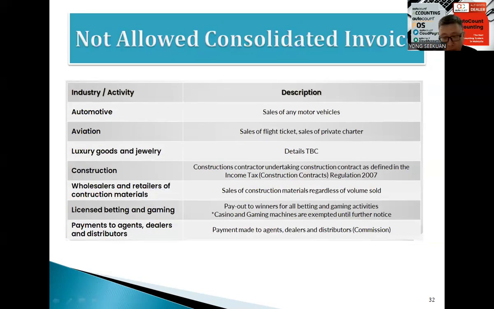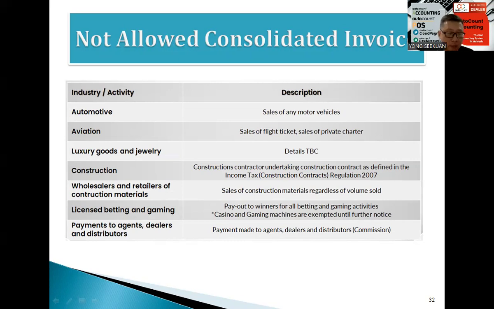So definitely we have this consolidated invoice, but some sectors are not allowed. Like automotive, selling cars, luxury goods like LV, I'm not sure. But I believe that is under this category.